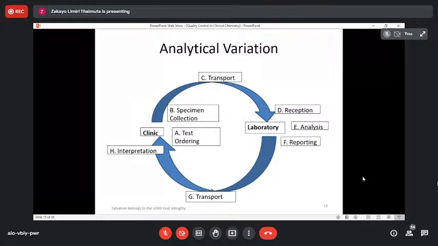Wrong specimen: you can collect some specimen, but it happens that it's not what you are collecting it for, among other errors.